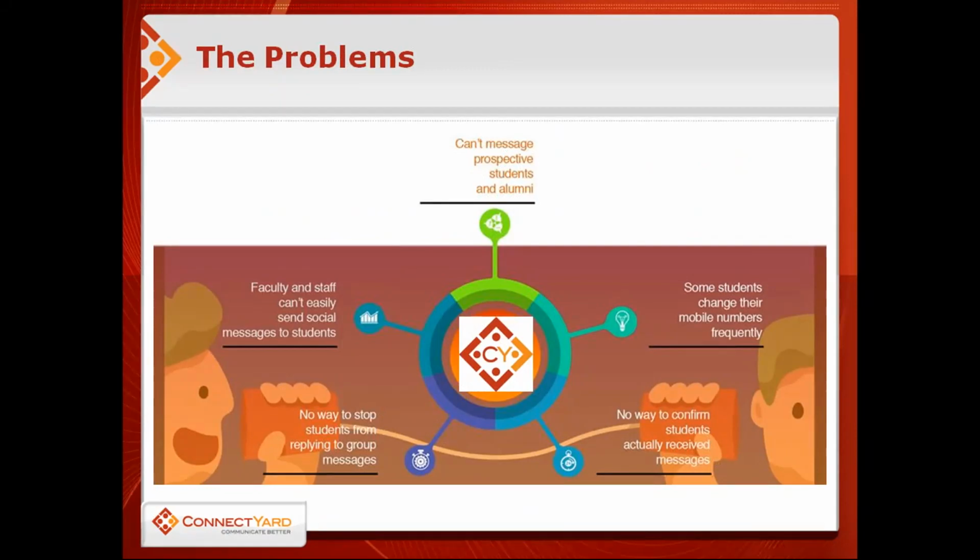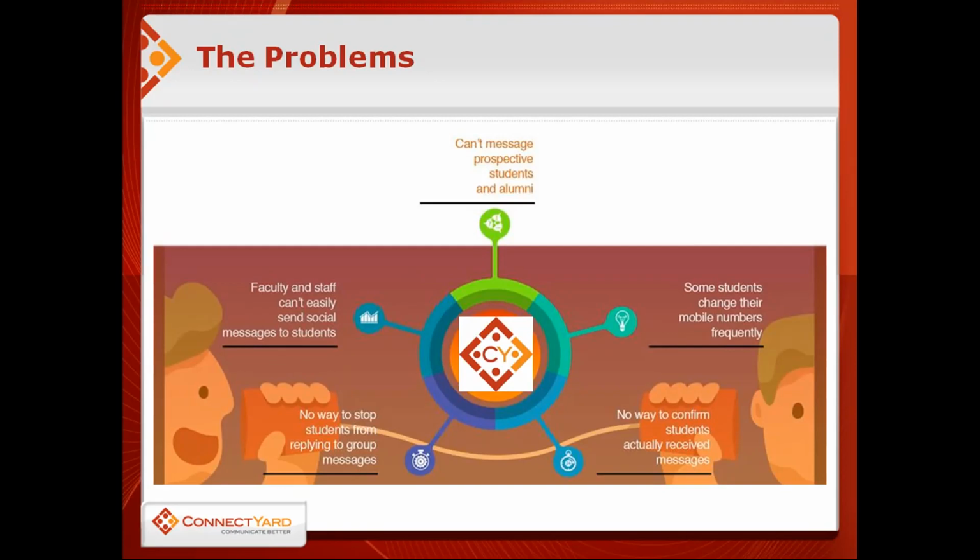By using WhatsApp directly, they were not able to manage or control student responses. ConnectYard enables you to do that. You can manage it much better. And what's really important with ConnectYard is that we confirm who has viewed your particular message.